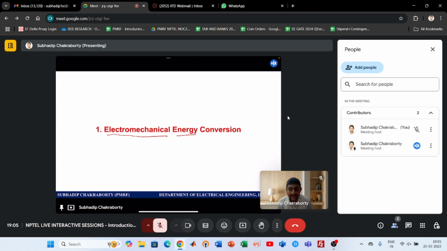Because mechanical energy is really all related to some kind of motion, either linear, translatory or rotating, which leads to the generation of mechanical energy, or vice versa, conversion of those forms of mechanical motion back into electrical form. If you can do that, we term it the energy conversion process.